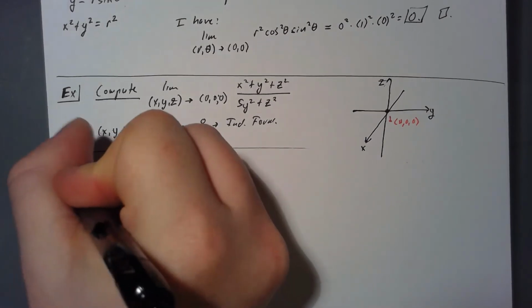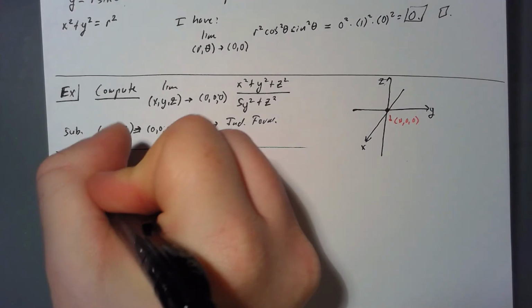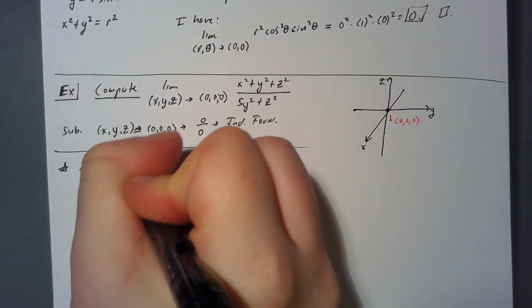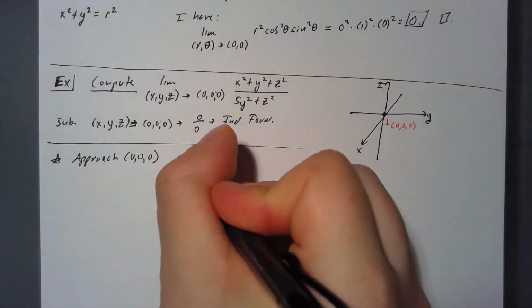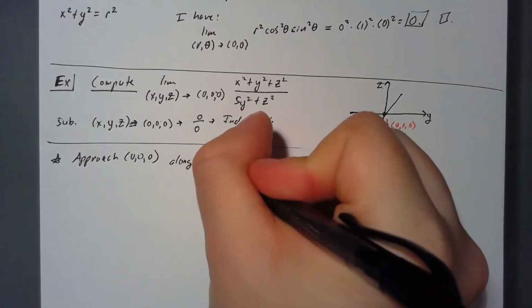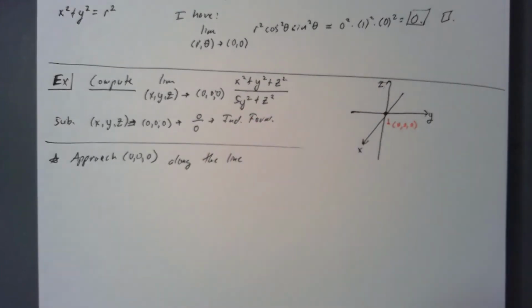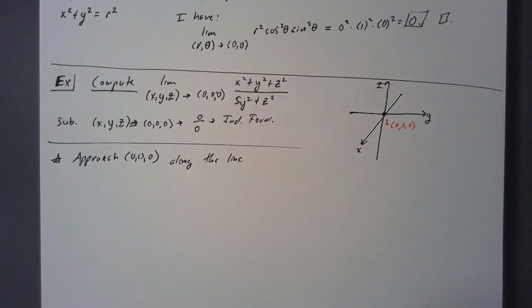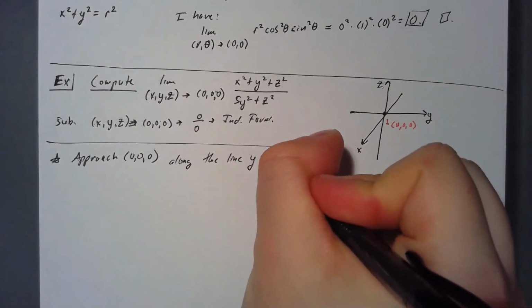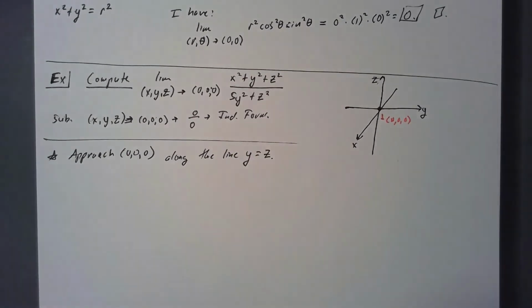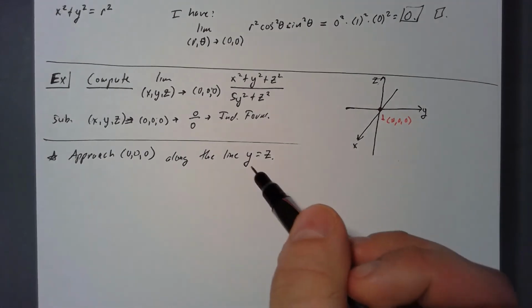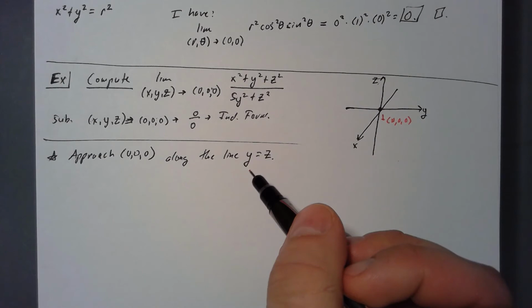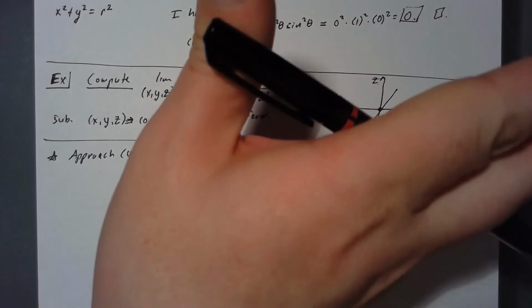So here's what I'm going to do. I'm going to approach 0, 0, 0 along the line y equals z. How did I figure that out? Well, if I'm going along the line y equals z, that means I'm in the yz plane.